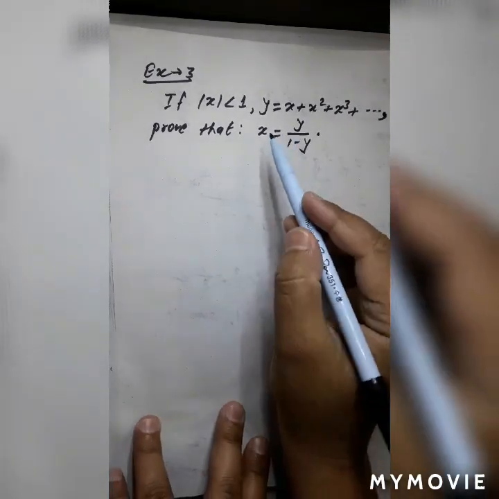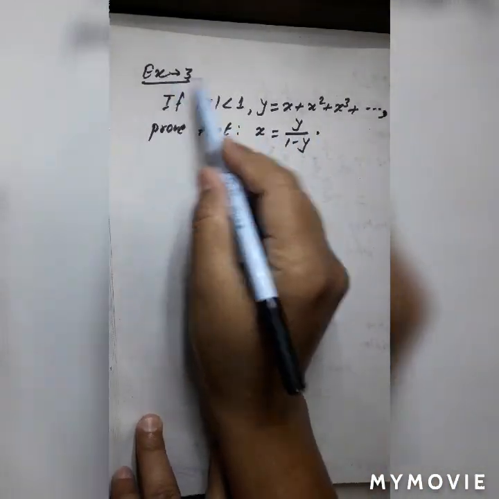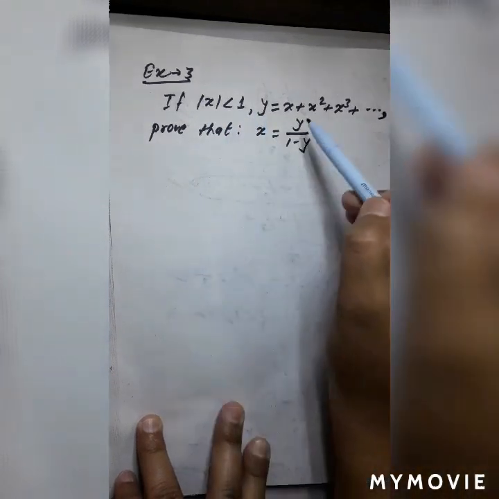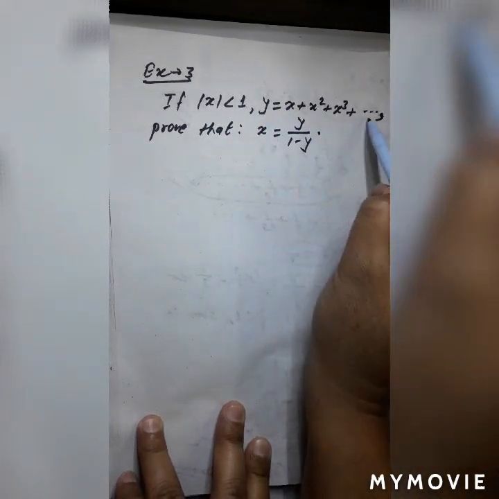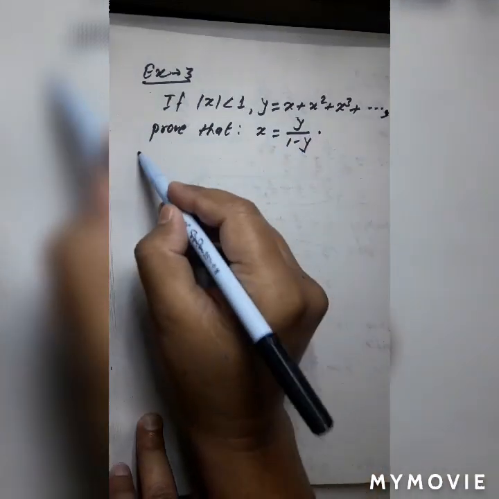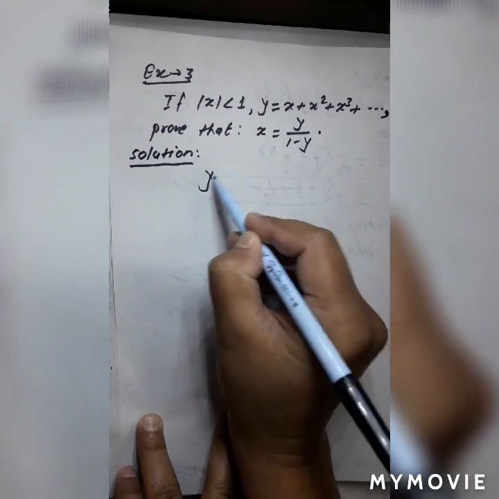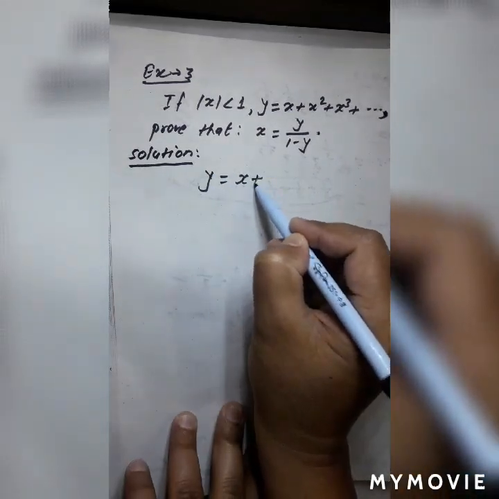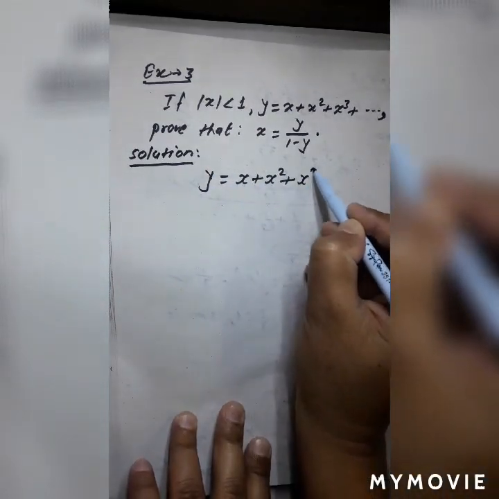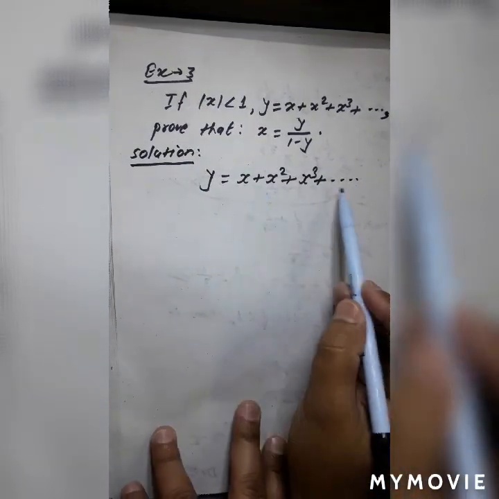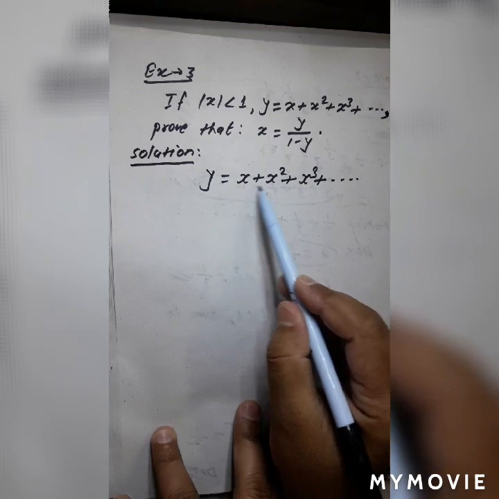Dear students, let us take one more example. Example number 3: if the modulus of x is less than 1, the absolute value of x is less than 1, and we are given one sequence, we have to prove this. So solution: what is given here? y equals x plus x square plus x cube and so on, and this is a geometric series because the common ratio is x.